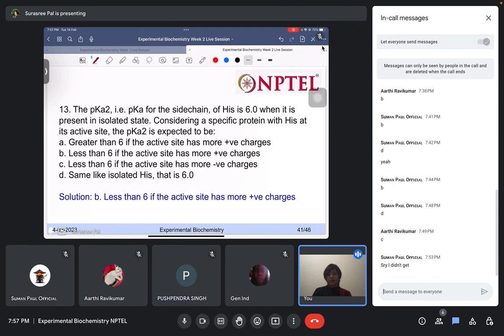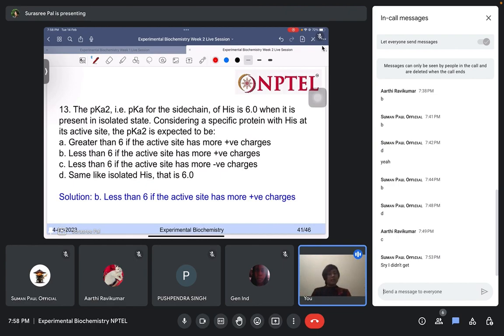Okay, so that is the role of the surrounding amino acids, which is why in a protein it's not very easy to determine the pKa of the side chains, or the pKa of the alpha carboxyl group or amino group. The alpha carboxyl and the amino groups form the peptide bond, but the side chains are free.